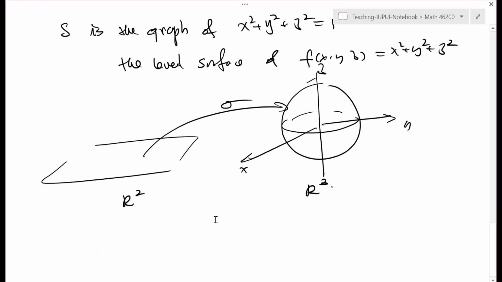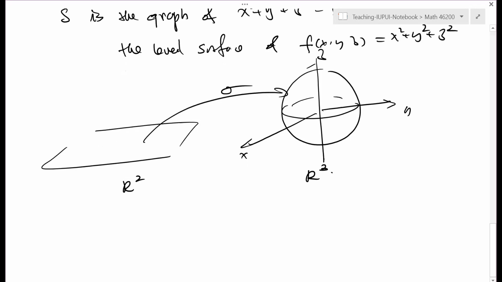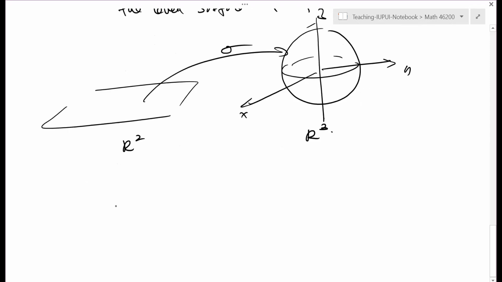But probably I cannot make it like that. Topologically, they're quite different. How can you hold a piece of paper, stretch it, bend it, and make a sphere? It's impossible. There are some singular points if you do that. You can use a disk, where from the center to the edge is the radius.